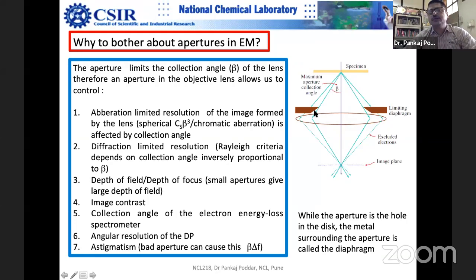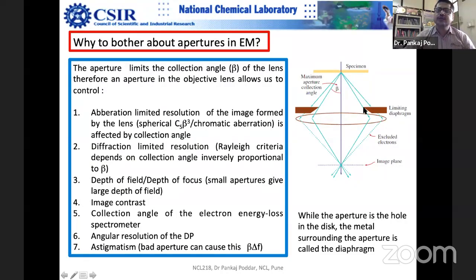Now just imagine that there is a non-conducting coating over one part of this aperture. Over a period of time, even a small accumulation of electrons, a local accumulation, is there.